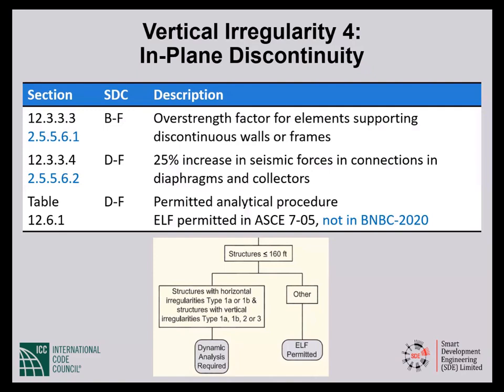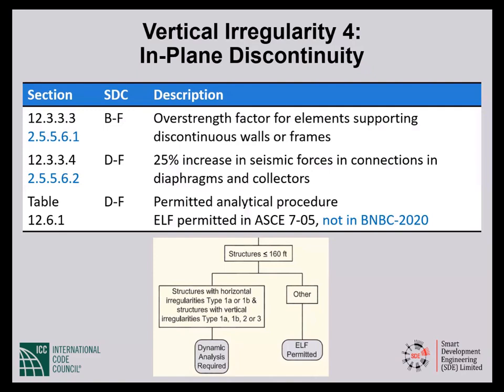the structural members supporting the discontinued stiff element have to be designed using load combinations with overstrength factor. Very, very important requirement. Once again, structural members supporting the discontinued shear wall or stiff element have to be designed using load combinations with overstrength factor.